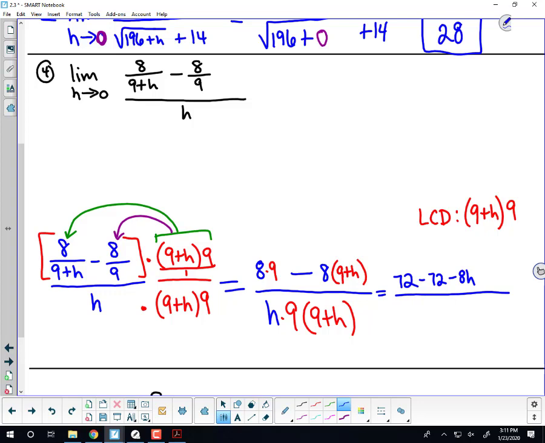I'm going to run out of room, but hopefully see what happens here. So the 72's go away, then we just have a -8h up top. Now that h on top and the h on bottom will cancel out.